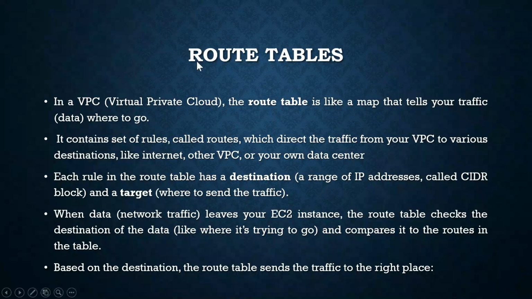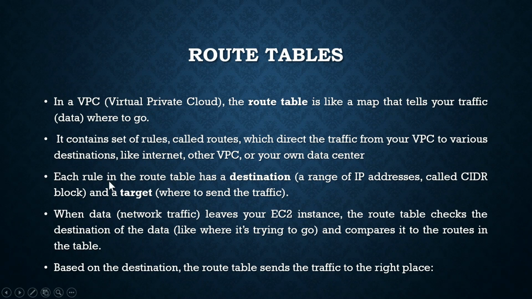Let's see what is route tables. In a VPC, the route table is like a map that tells your traffic where to go. It contains a set of rules called routes, which direct the traffic from your VPC to various destinations like the internet, other VPCs, or your own data center.